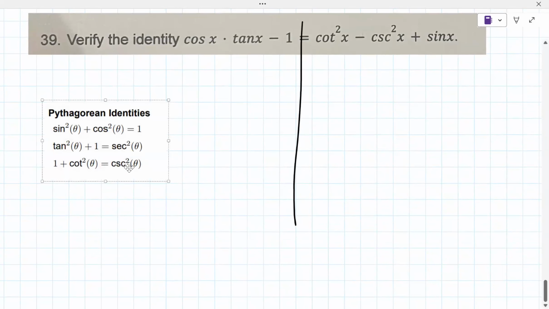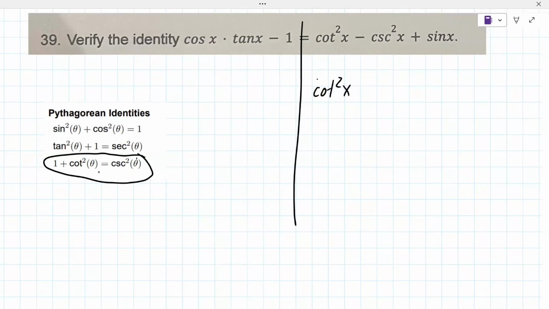So the question is, should we convert cotangent squared into cosecant squared, or cosecant squared into cotangent squared? Both are correct, by the way. It's just that maybe there's a certain way that you see it. Convert cosecant squared to 1 plus cotangent squared.